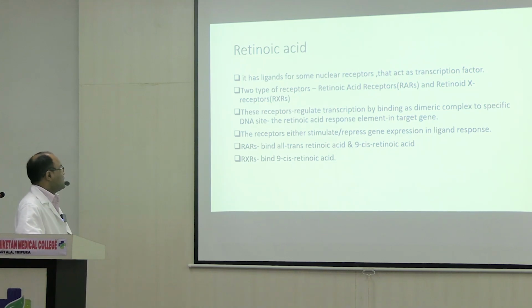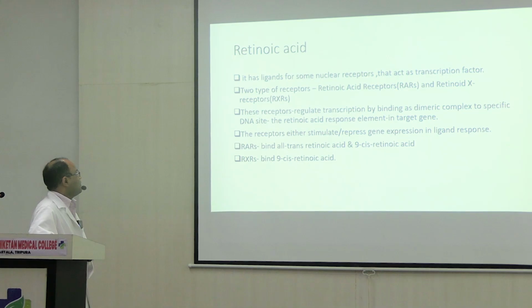So retinoic acid is a ligand for some nuclear receptors that act as transcription factors. Two types of receptor are there. One is the retinoic acid receptor, that is RAR, and the retinoid X receptor, that is RXR. These receptors regulate transcription by binding as a dimeric complex to a specific DNA site.